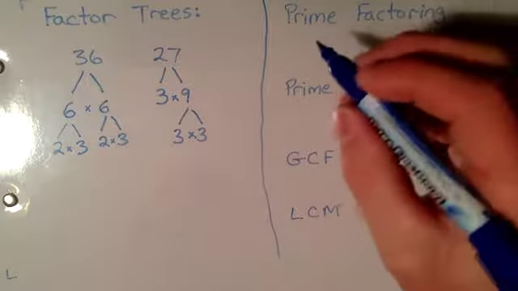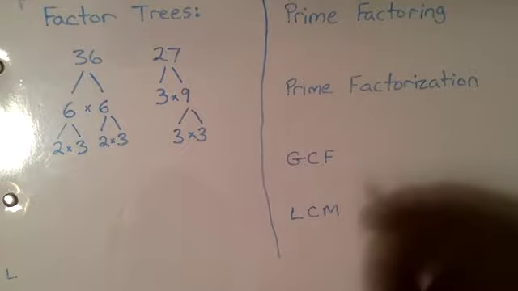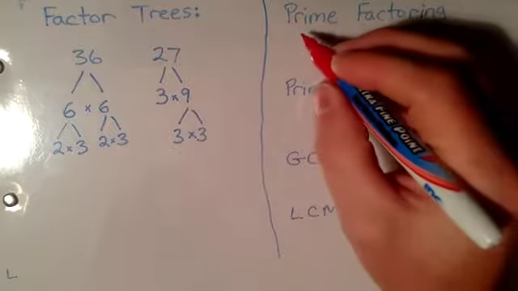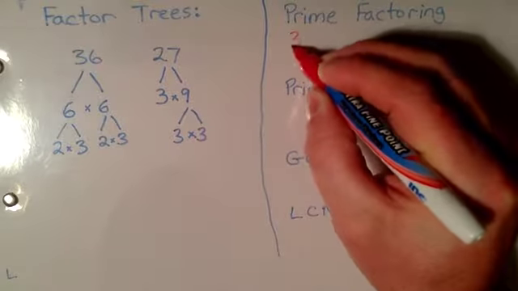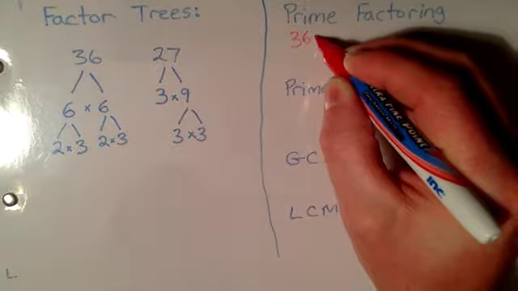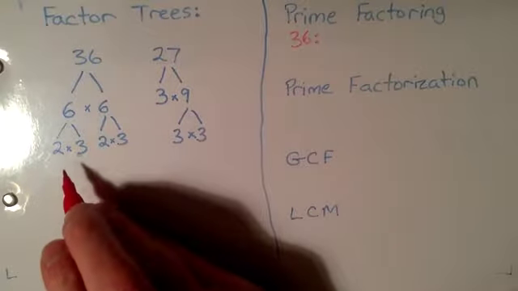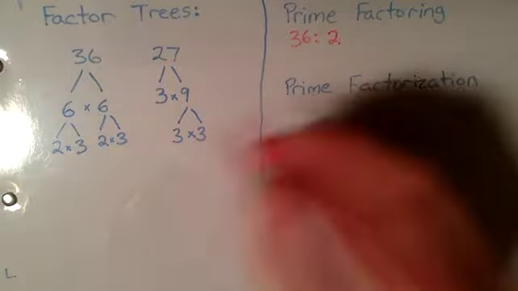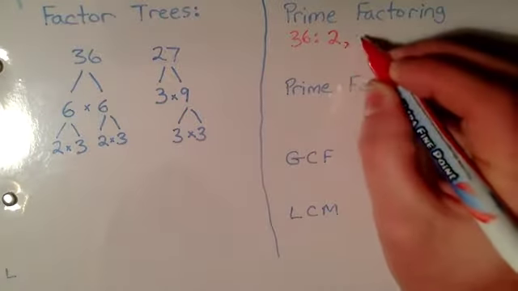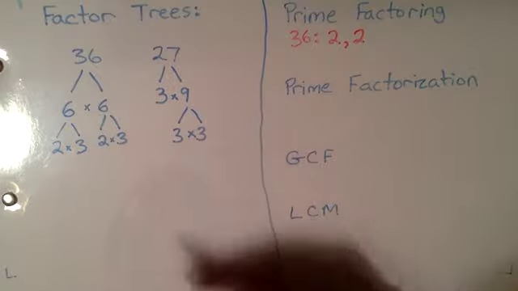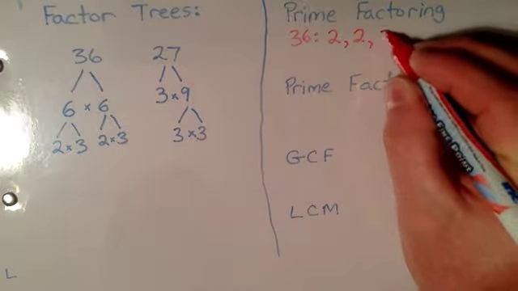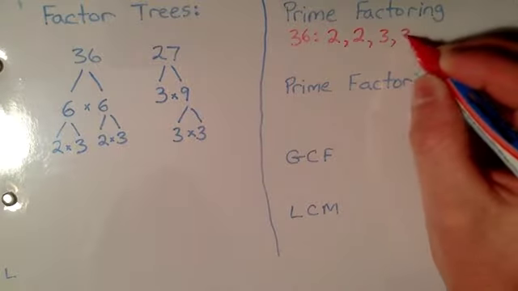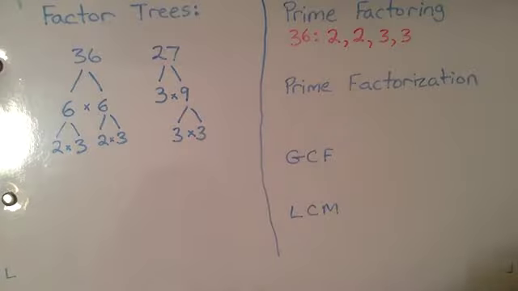So when we're doing our prime factoring, we can look at what the prime factors of 36 are. 36 has the prime factors, and I always like to put these in order from smallest to largest. So we have 2 right there, we have another 2 right there, we have 3 right there, and another 3 right there.